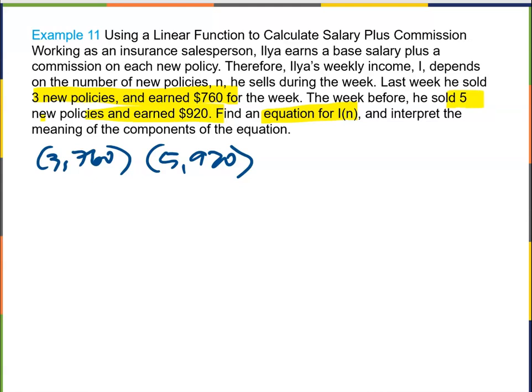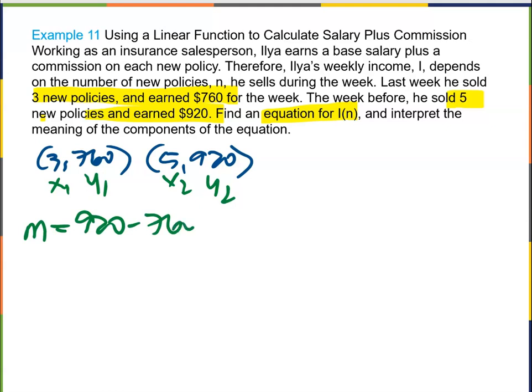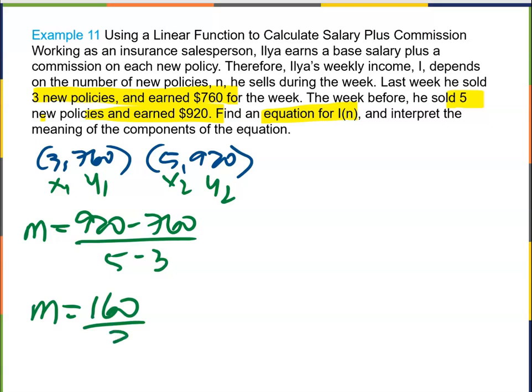And remember, you can solve for the slope. This is your x1, y1, x2, y2. So 920 minus 760 over 5 minus 3. 920 minus 760 is 160. 5 minus 3 is 2. So the slope is $80 per policy.